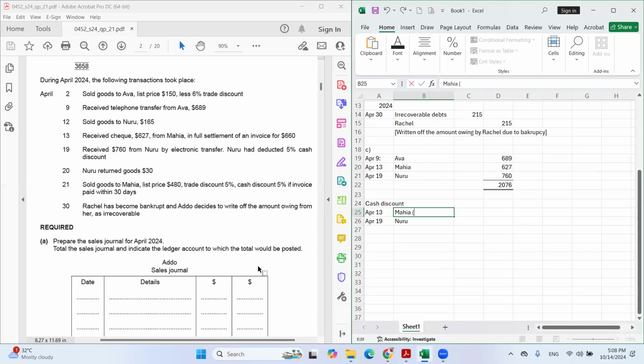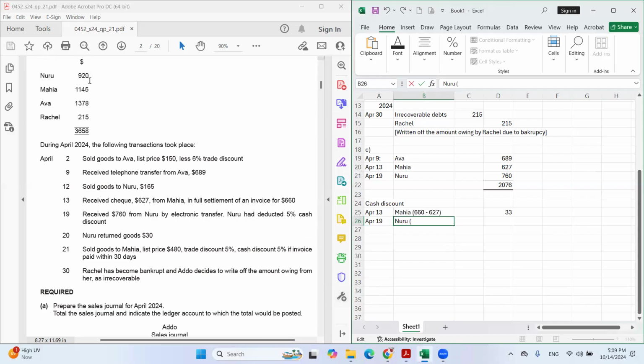So you have to calculate the difference, which is 660 minus 627. And then Nuru. Nuru received 760 by electronic transfer. Nuru deducted a 5% discount.